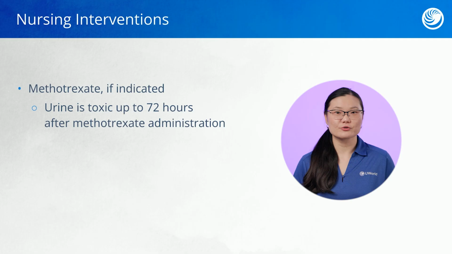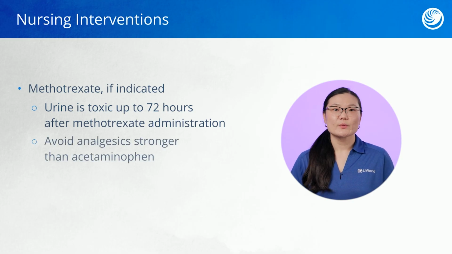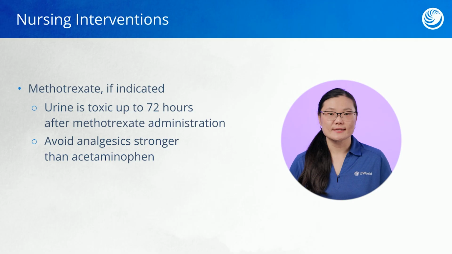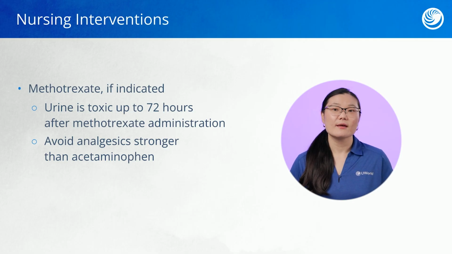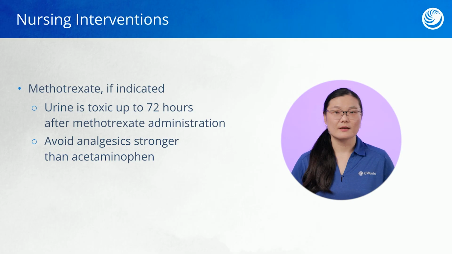As part of medical treatment, it's also important that we are able to manage the woman's pain. We do this with analgesics, but tend to stick to medications no stronger than acetaminophen because we don't want to mask any abdominal pain that might be a sign that the ectopic pregnancy has progressed to a ruptured ectopic pregnancy.